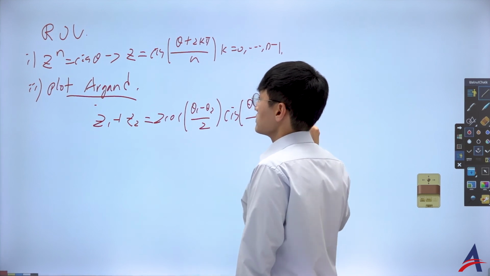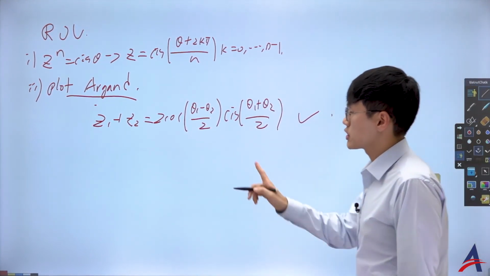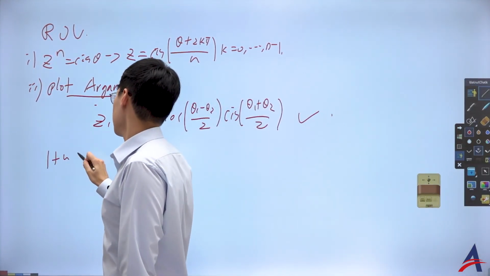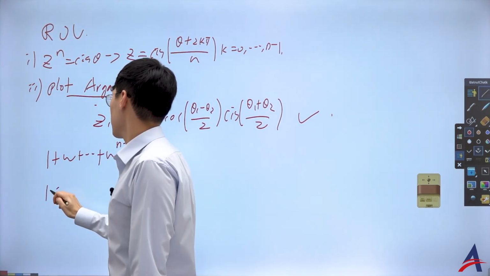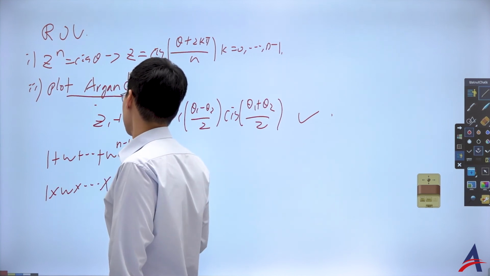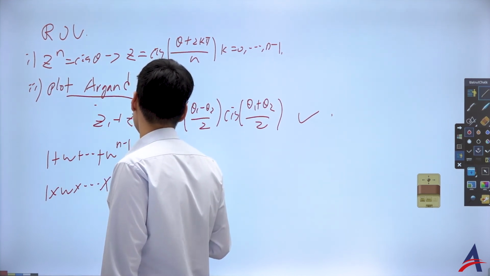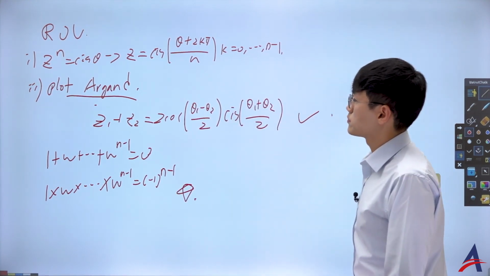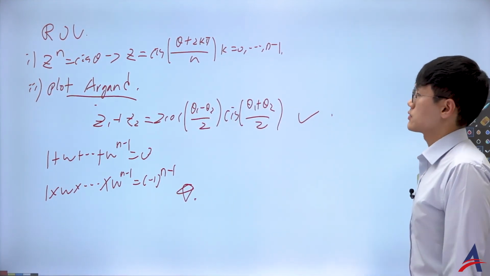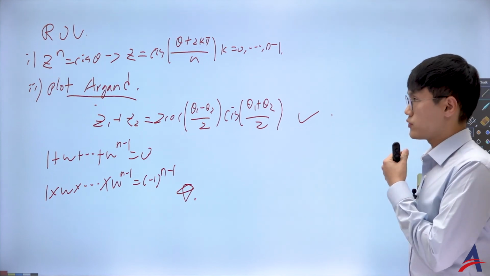But also, yes, the sum of roots of unity is always 0, and then the product of roots of unity is always an alternating term. Okay, always alternating term. So make sure you're able to prove them, and then use it. So those are, I think, the roots of unity that I can do.